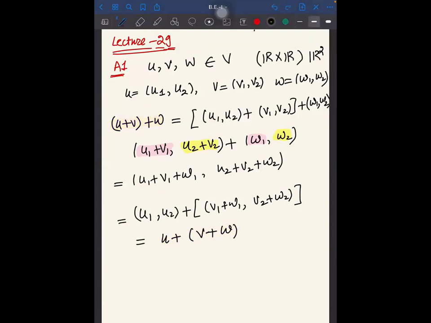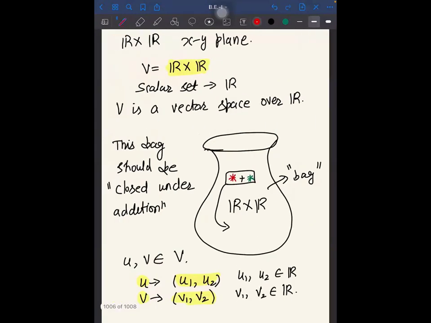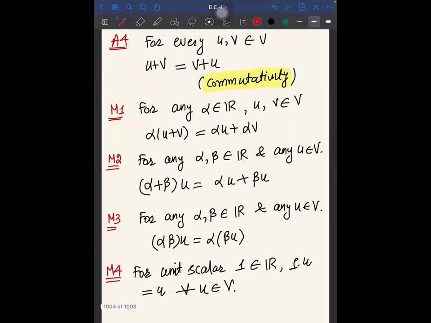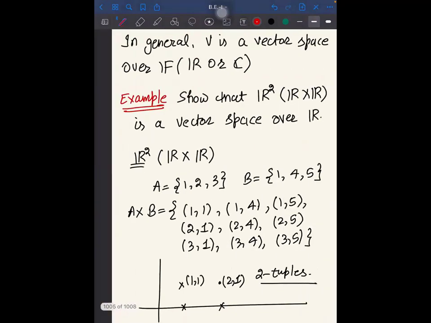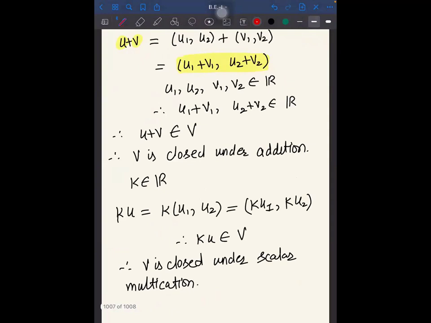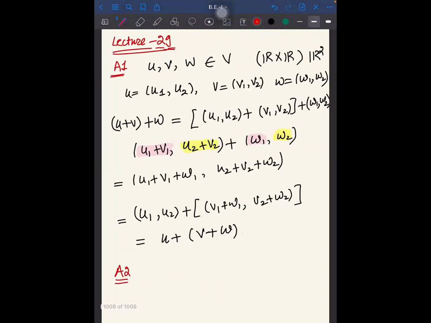Let's come to the next property, A2. What does A2 show? A2 means there must exist a unique element, which we call the zero vector, so that if we add it to any vector of V, it will not make any impact. Can you find a zero vector for this set V so that u plus that zero remains u?